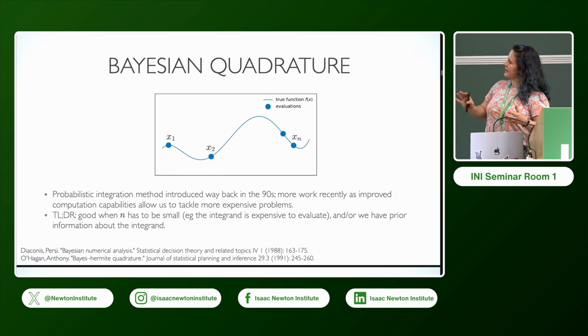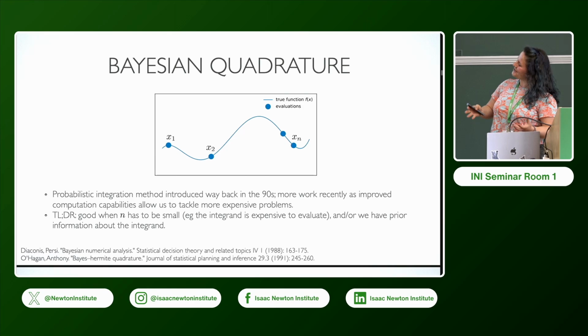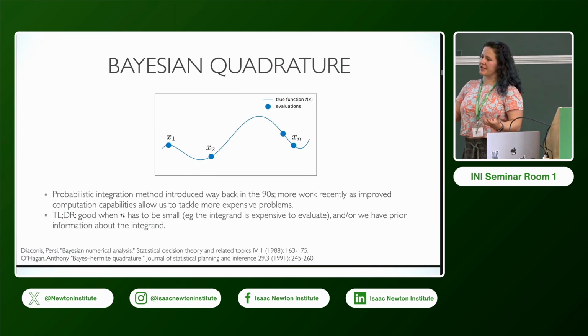And the high level thing that I want to relay with this talk is that Bayesian quadrature works well when the number of samples is fairly small, which happens when the integrand is expensive to evaluate, or we have prior information about the integrand that we want to encode in our quadrature rule.